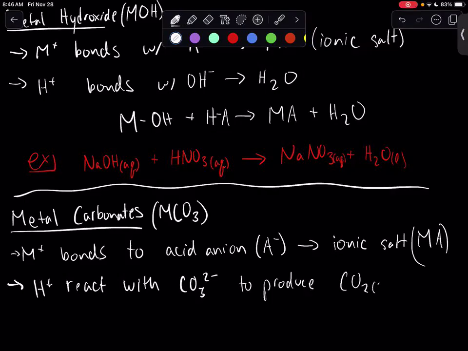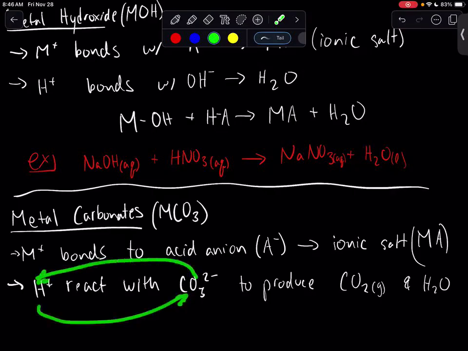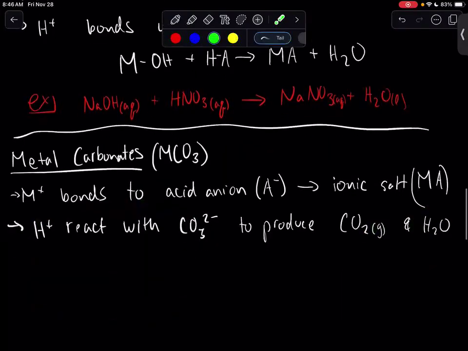CO2 gas and water. So now that hydrogen is going to react with carbonate, and the hydrogen is going to strip one of the oxygens off to make our water, leaving the remaining CO2 as gas that leaves the solution.